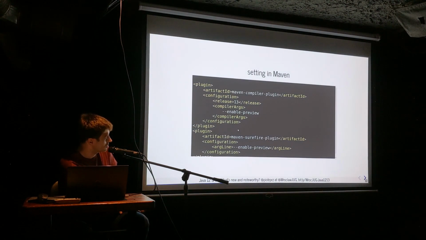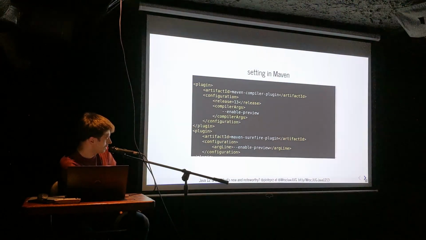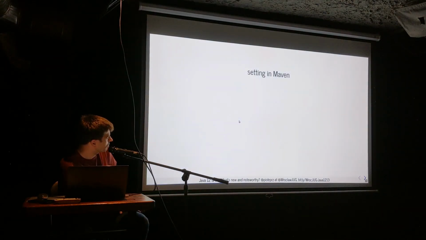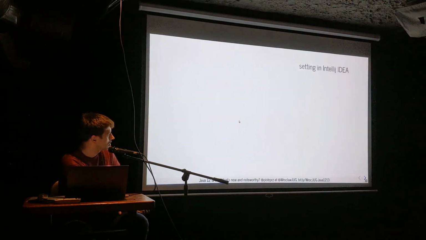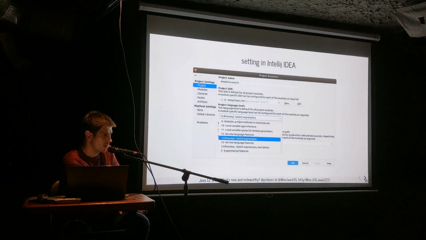They don't, because there is no setting like enable preview. There's just compiler args, or as you could see here for Gradle as well. So we don't have a common switch. Yeah, in IntelliJ they will take care of that, but in another place than your Maven project. Yeah, it's another place to park.